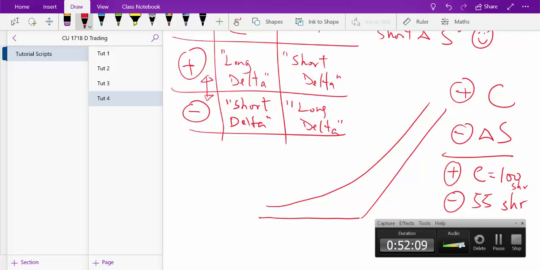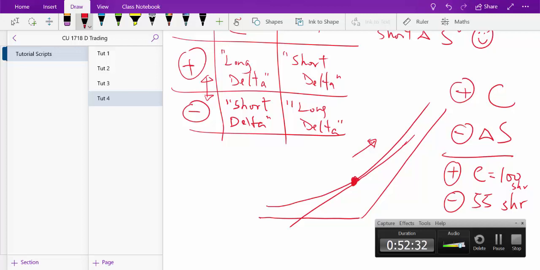You are now delta neutral. So when the stock price goes up, you will make money from your call, because you are long the call, you're long delta, but you have short sold the stock, okay?